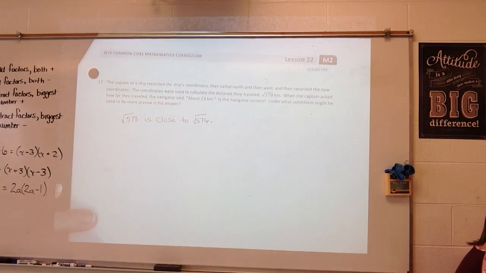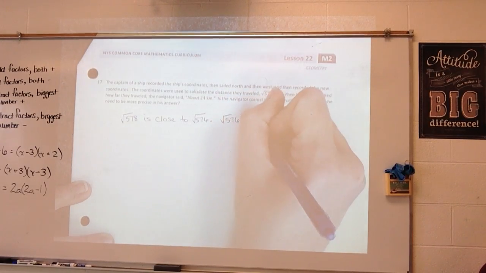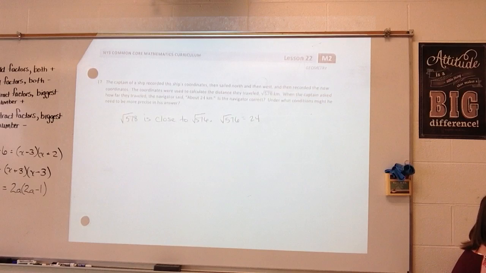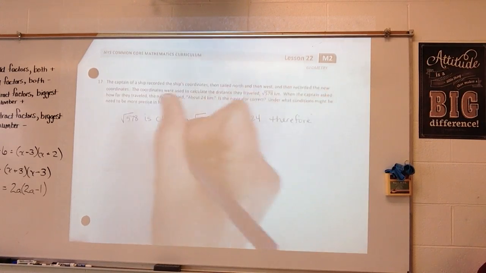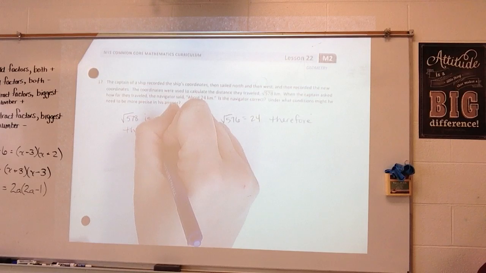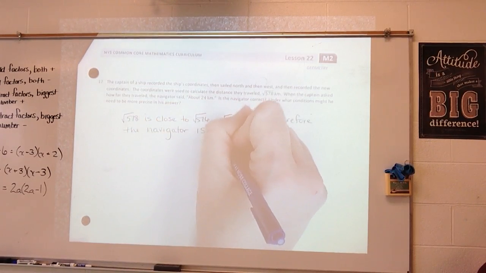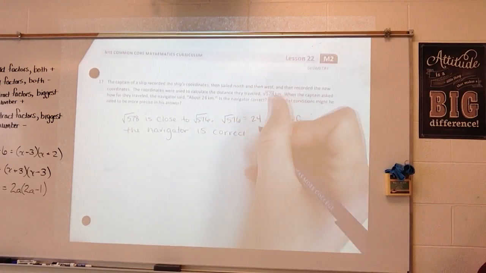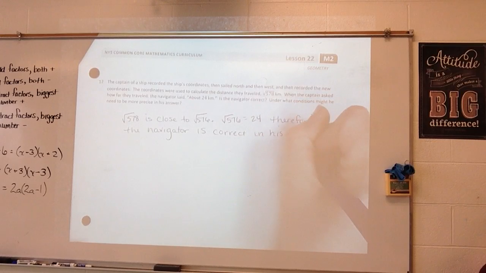All right? The square root of 576 is equal to 24. Therefore, the navigator is correct in his estimate, because he said it is about 24. Okay?